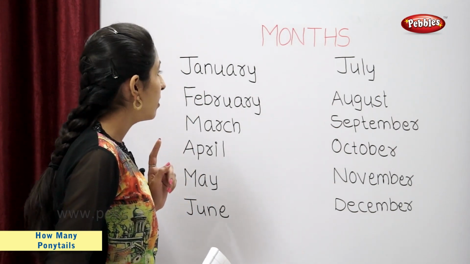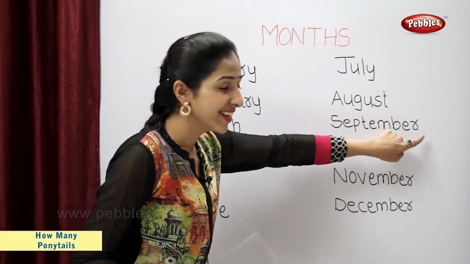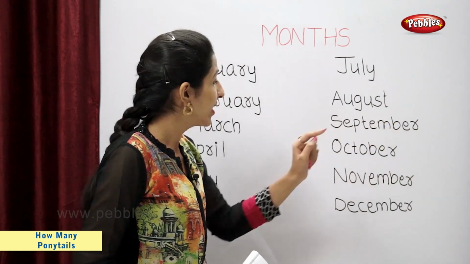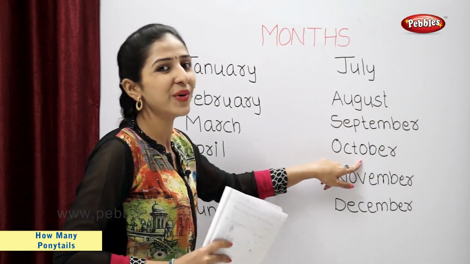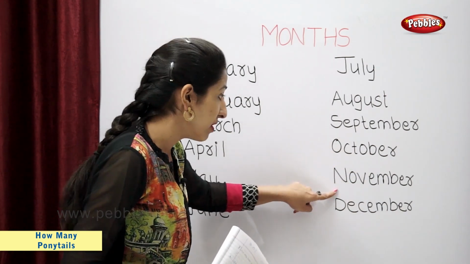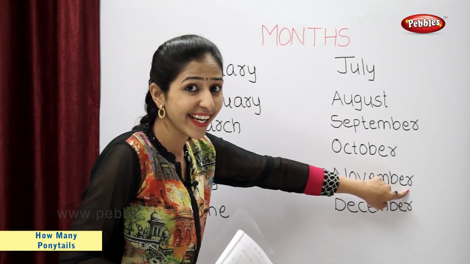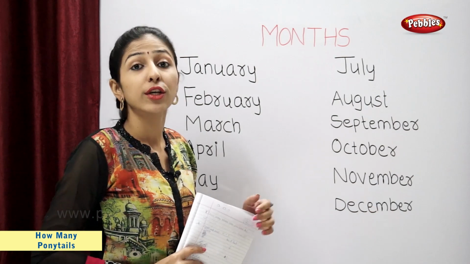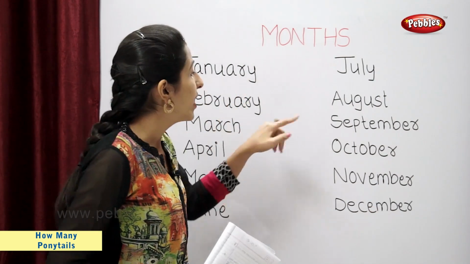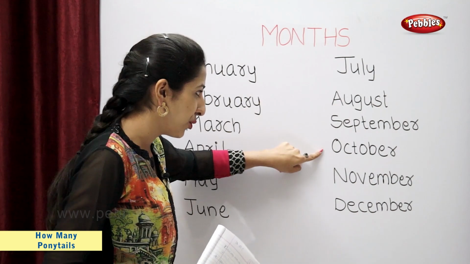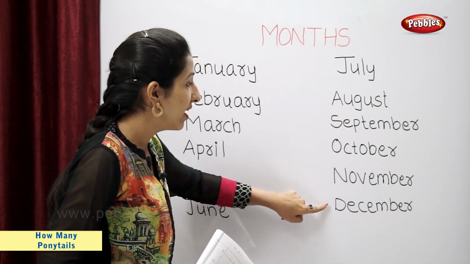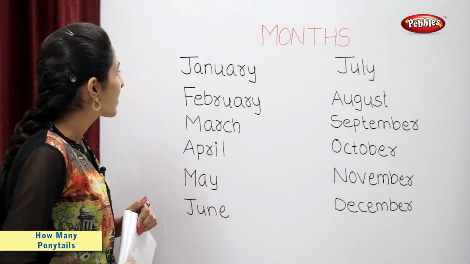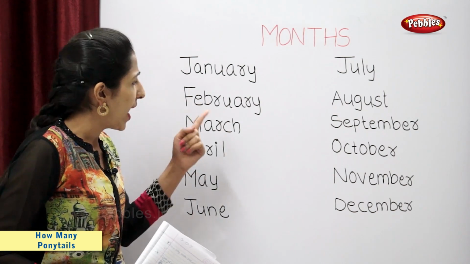Now, let's take letter R. So, September ends with letter R. October also ends with letter R. November ending with letter R. December also ends with letter R. So, there are 4 months: September, October, November and December ending with letter R. Can you find any more pairs?